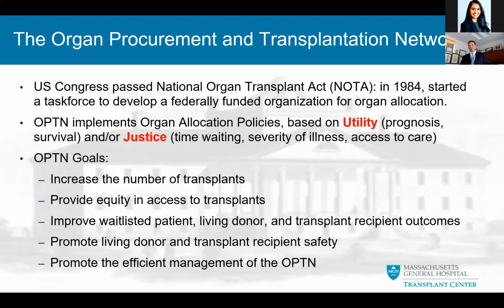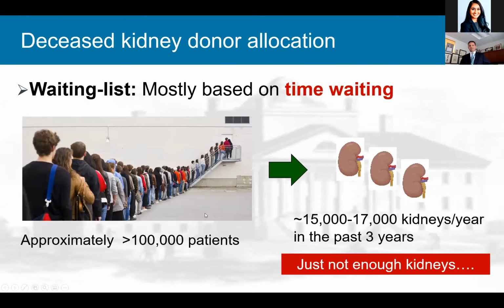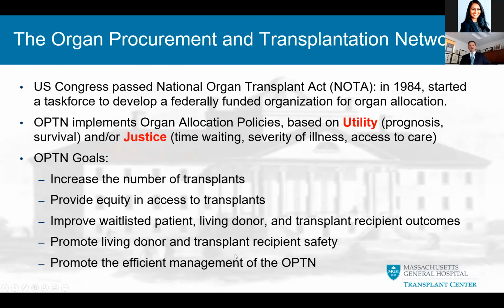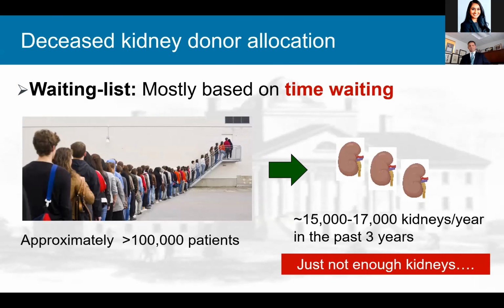These are based on utility, like prognosis and survival of patients, and/or justice: time waiting, severity of illness, and access to care. The OPTN has multiple goals, including increasing the number of transplants, providing equity in access to transplant, as well as improving the wait list outcomes, as well as donor and recipient outcomes.